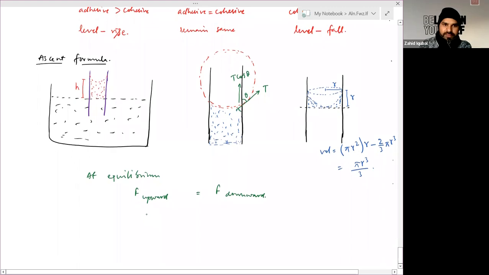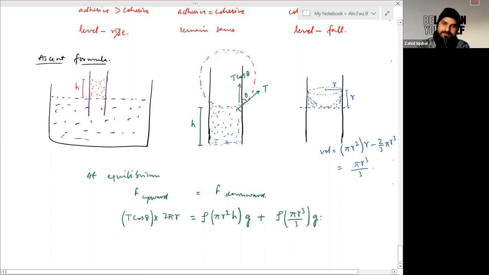Upward force due to surface tension, T cos theta, acting over perimeter of that ring, that is 2 pi r, must equal total downward force due to segment of liquid 1, which is of height h, that is pi r square h, times density. So this will give you mass of liquid times gravity, plus the liquid which is raised in this upper segment. So it will be rho pi r cube by 3 times gravity.